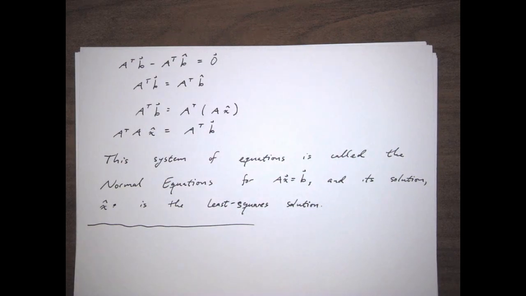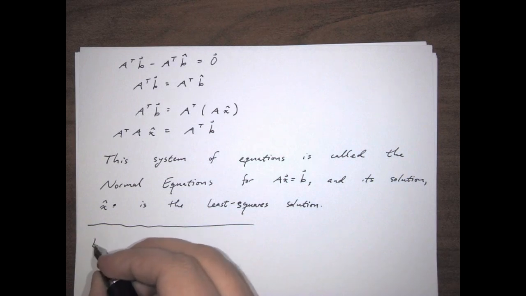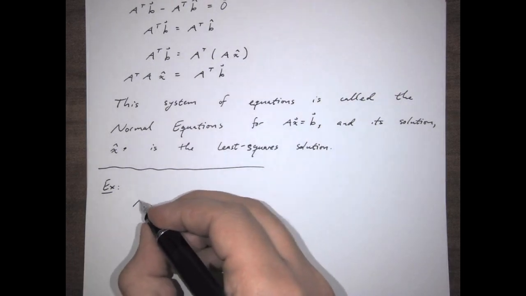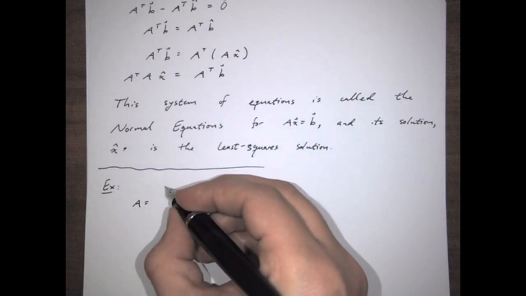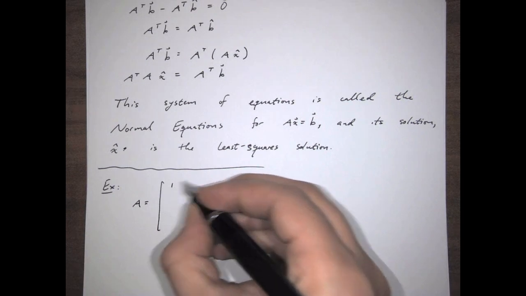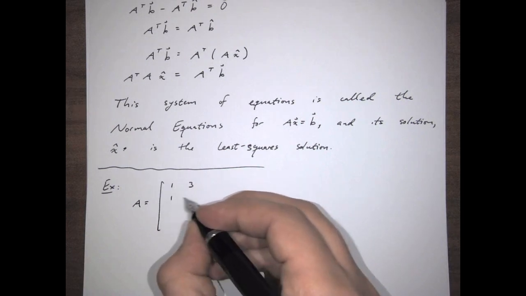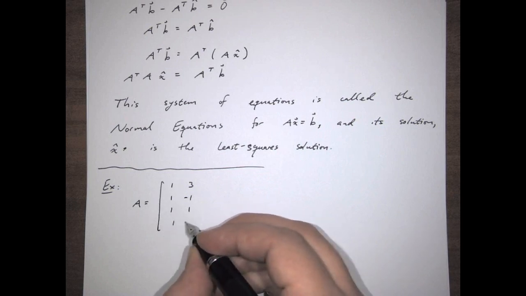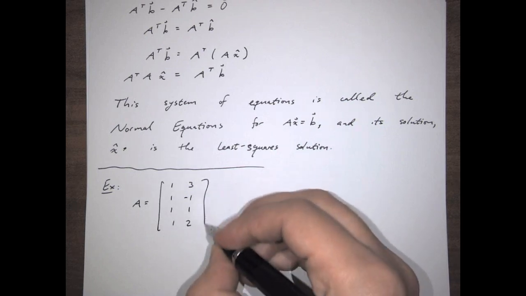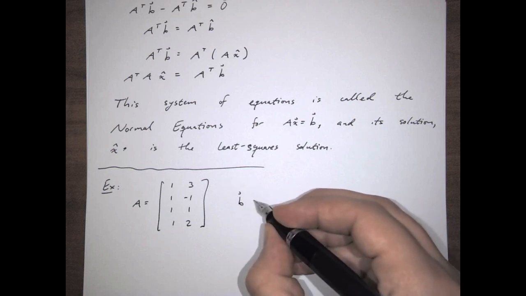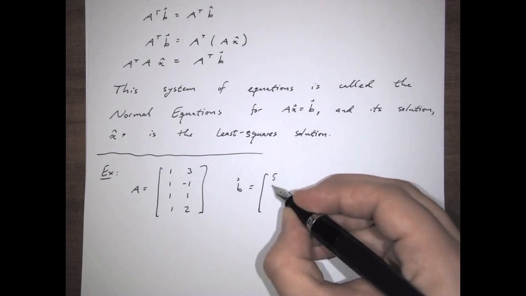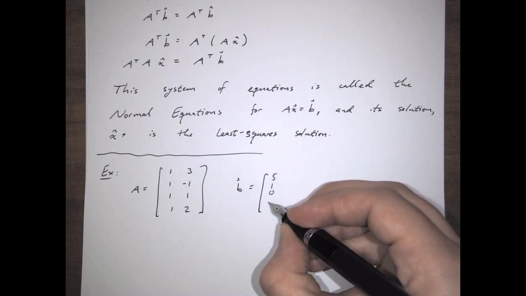So as an example of this in play, let's take this. We have A, which equals 1, 3, 1, negative 1, 1, 1, 1, 2. We're going to take a B, which equals 5, 1, 0, 3.